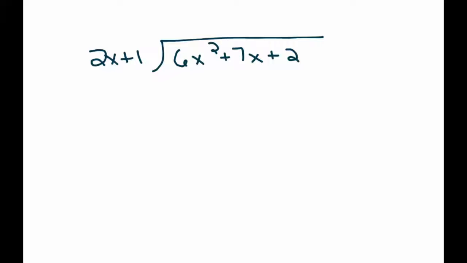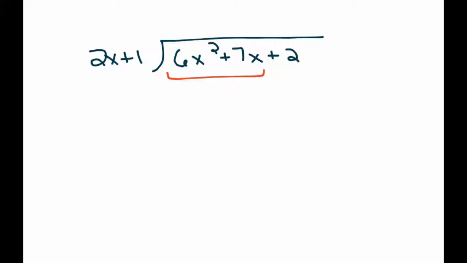I want to divide the expression 2x plus 1 into 6x squared plus 7x plus 2. The reason it's similar is because there are 2 terms in what's called the divisor. And we want to figure out how we can multiply that and get as close to the first 2 terms in the dividend, the part that's under the division symbol.